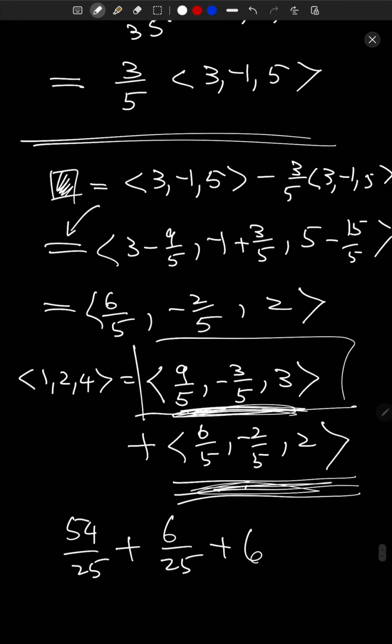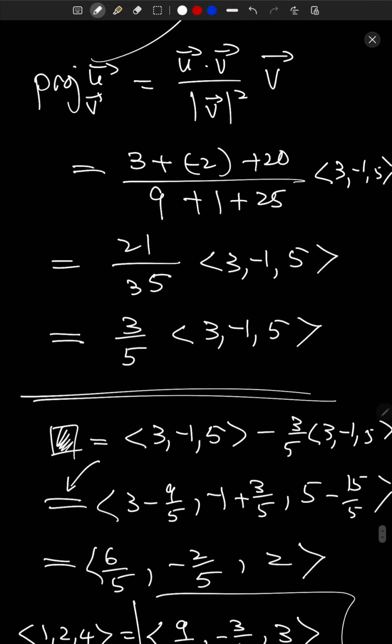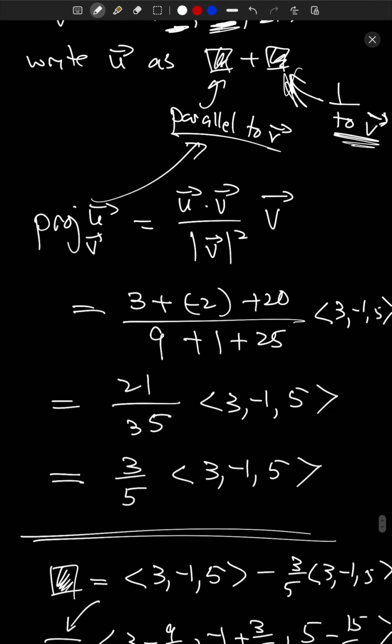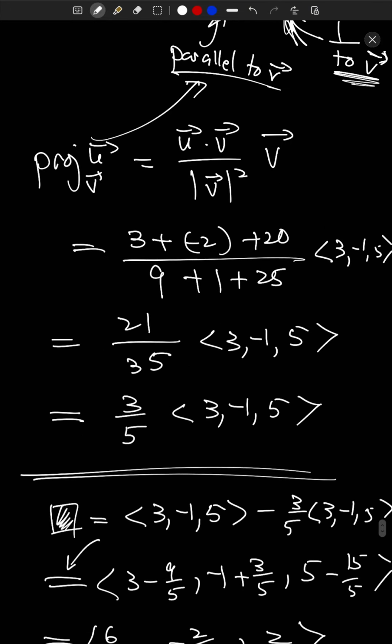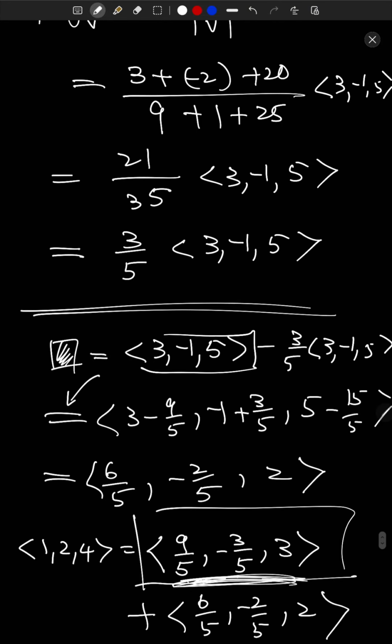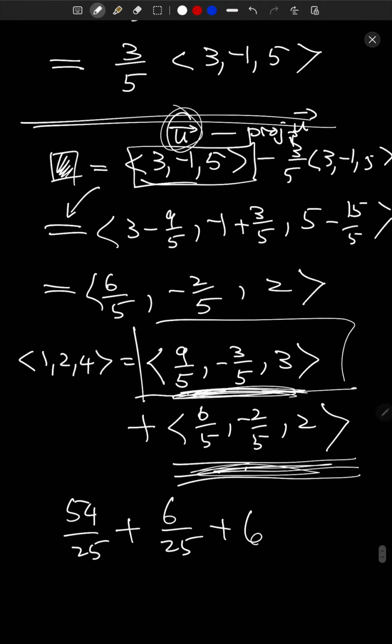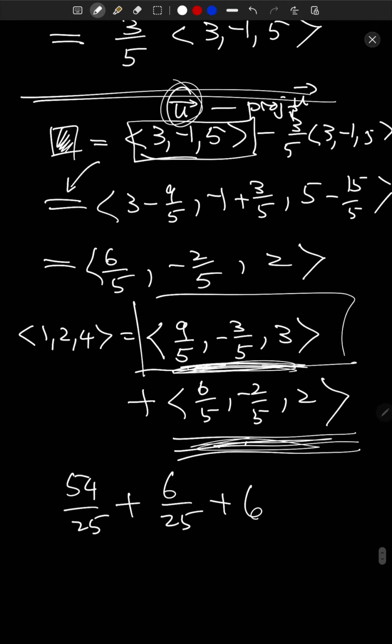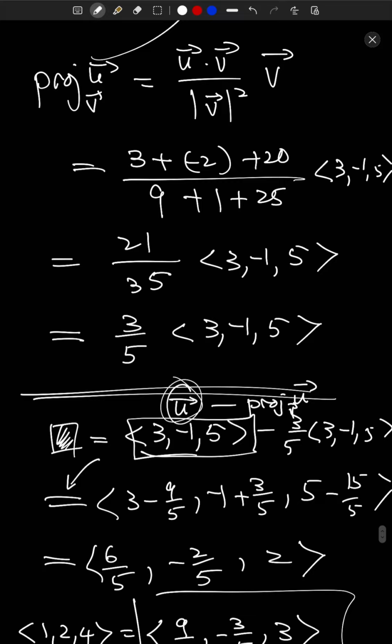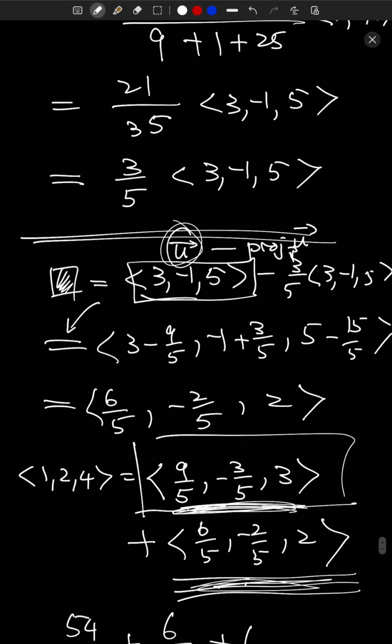Okay, I found the mistake. This is what happens when you try to be too fast. This was wrong. It's supposed to be u minus the projection of u onto v. It's the leftover part of u. What's u? 1, 2, 4.